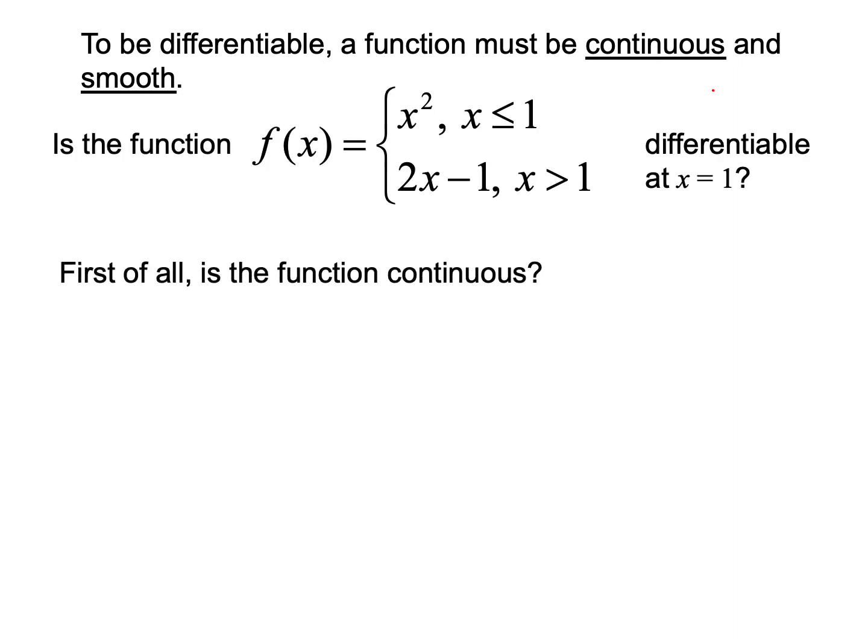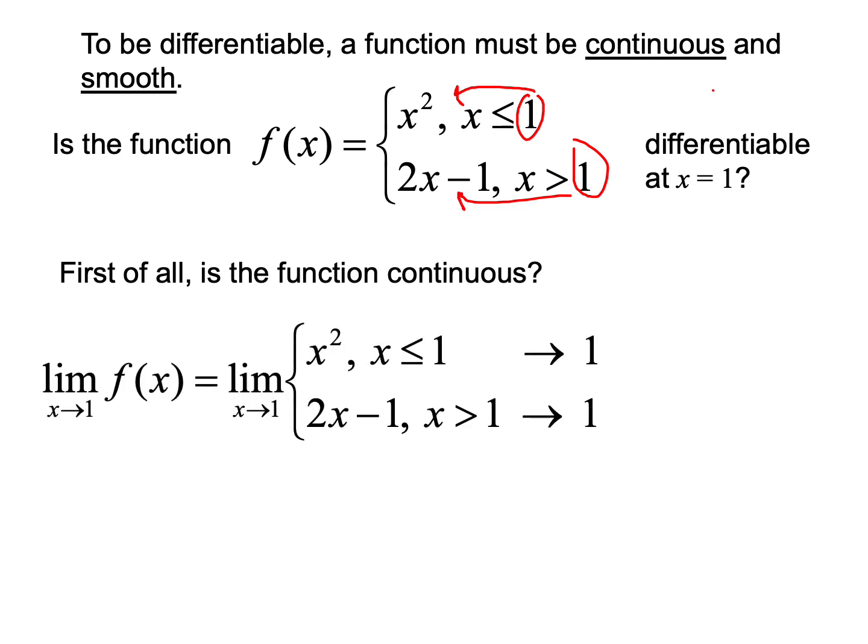First, we need to check whether it is continuous or not. The easy way is to just replace x with 1 in this function and in that function. When I replace, for the first one I get 1, because 1 squared is 1, and from the right I get 2 times 1 minus 1, which is also 1.